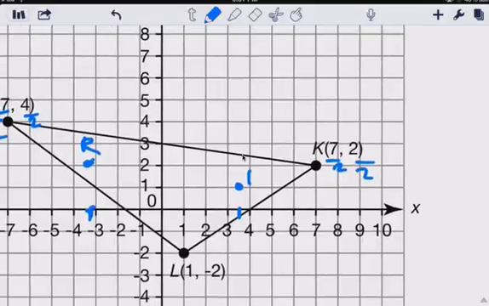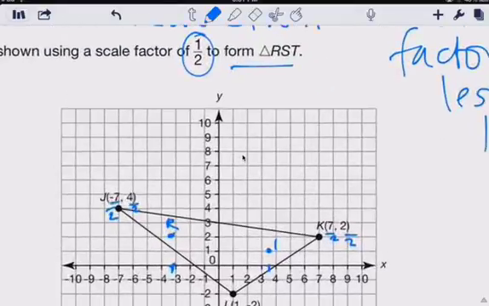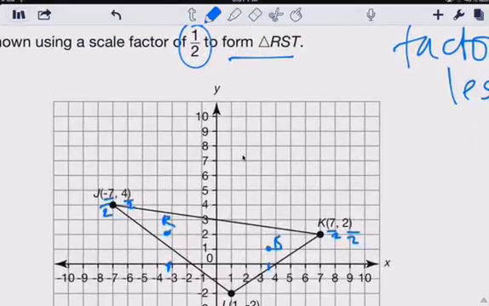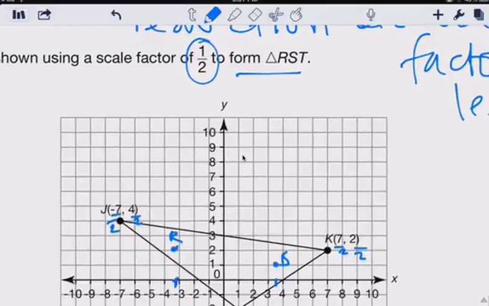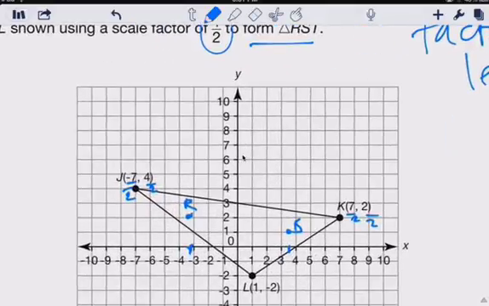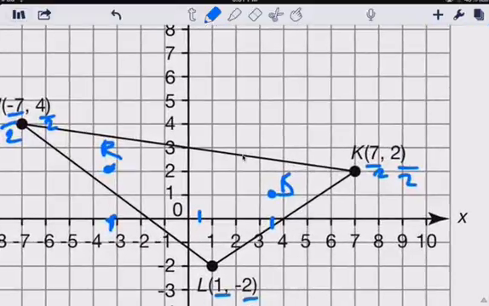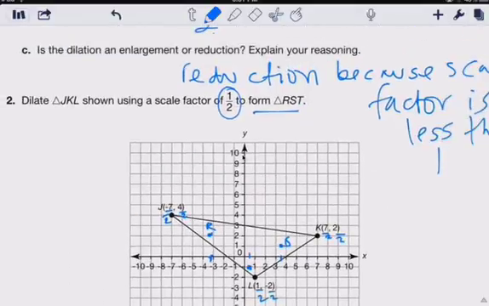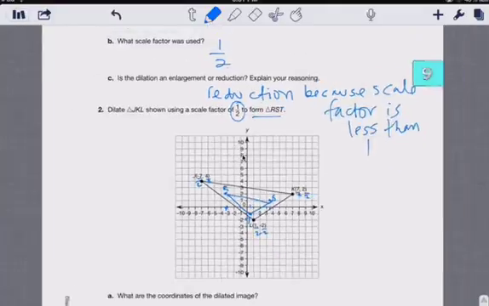That is S. And T is related to L. So a half and negative 1. It's letter T. There we go.